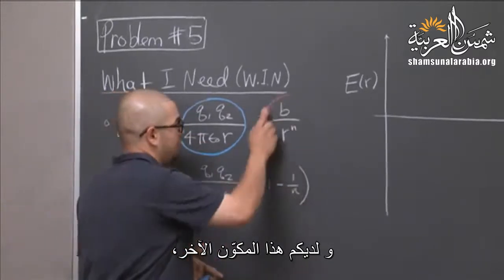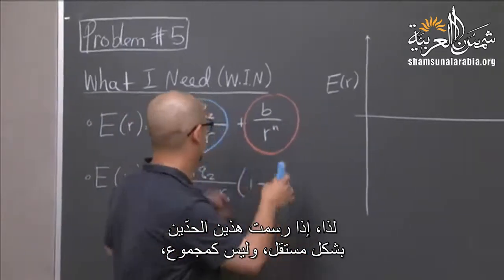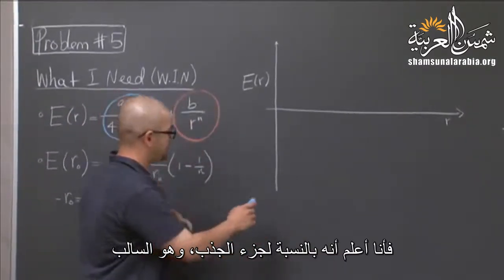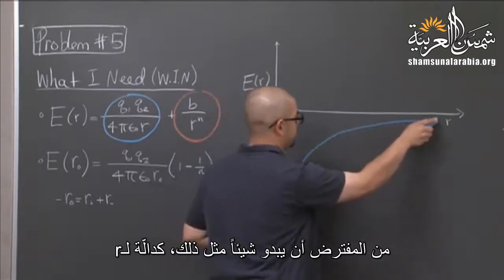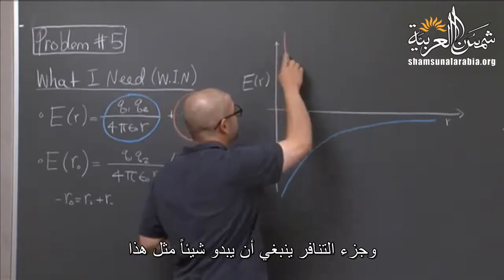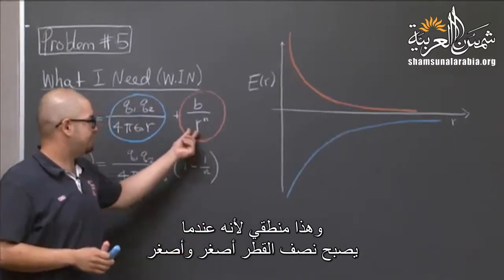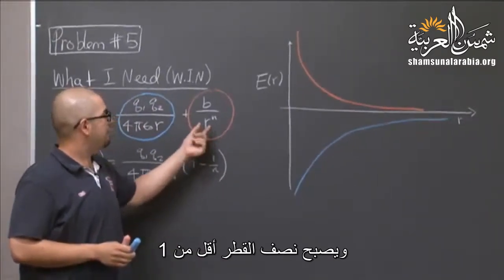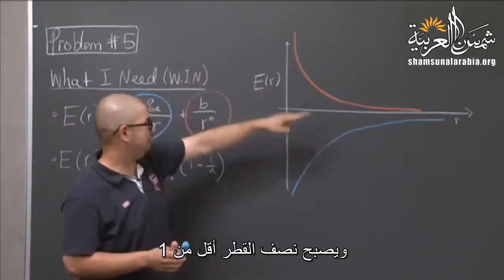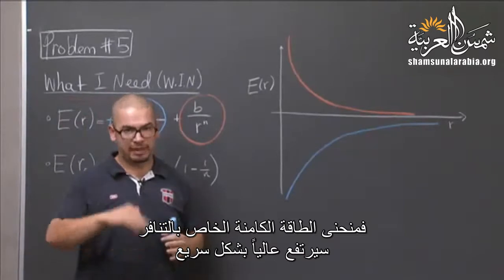And you have this other component, which is the repulsive part. If I draw these independently, rather than as a sum, my attractive part, which is negative, should look something like so as a function of r, and my repulsive part should look something like so. This makes sense because as your radius becomes smaller and smaller, below 1, the potential energy component for repulsion spikes up.